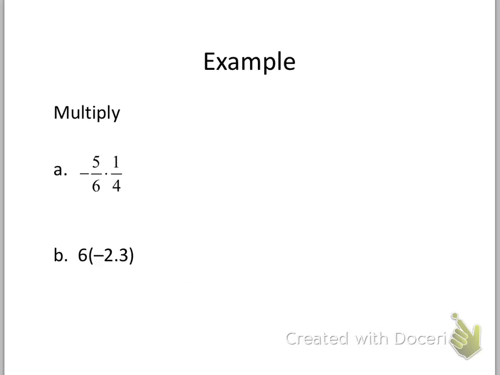Alright, so looking at some more complicated problems, decimals, fractions, we've got negatives not in pairs, so our answer is negative. 5/6 times 1/4 is 5, 1 times 5, 6 times 4, 24. Okay?